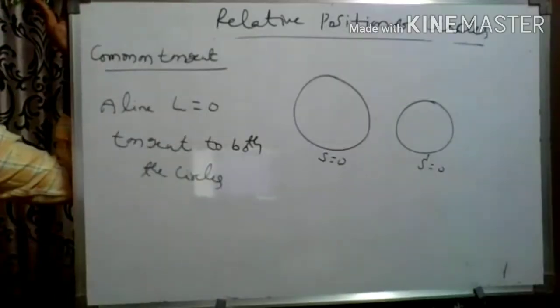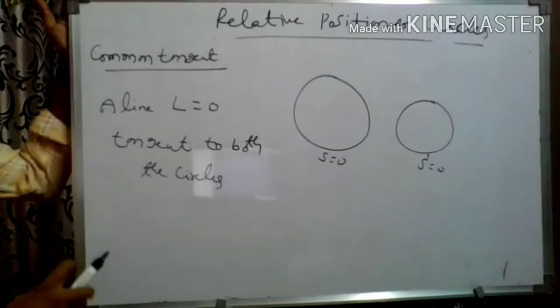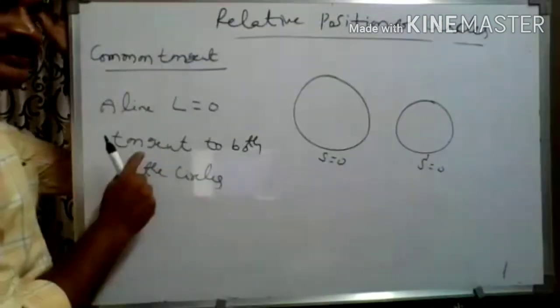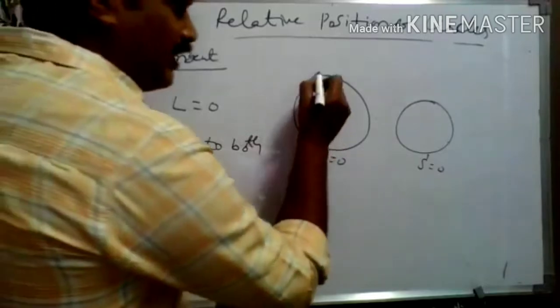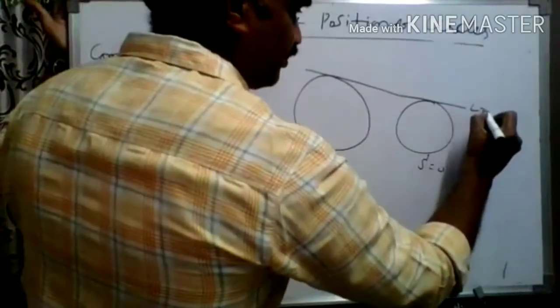First definition, students, common tangent: a line L equal to 0 tangent to both the circles. This is the common tangent, this is L equal to 0.